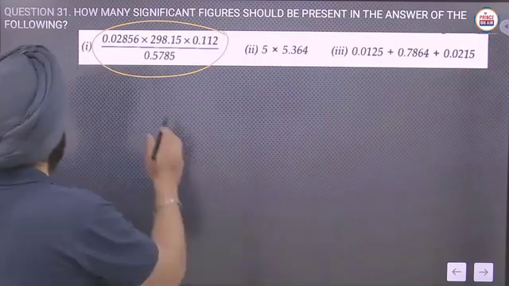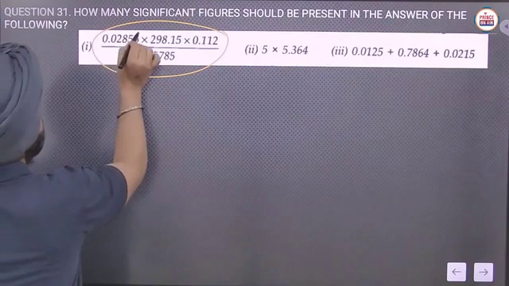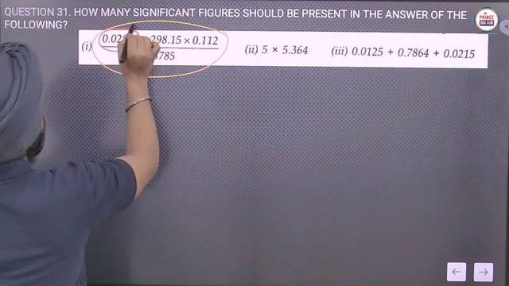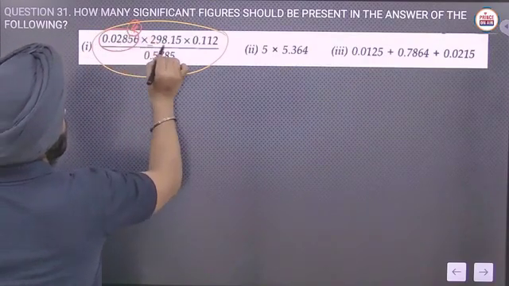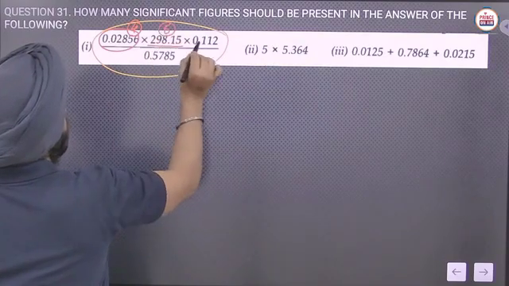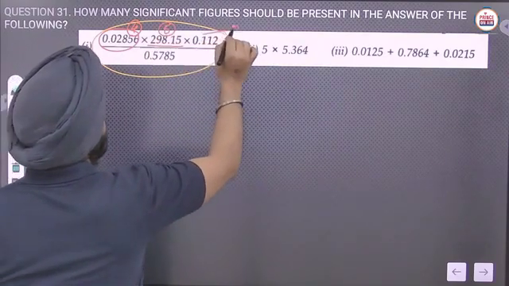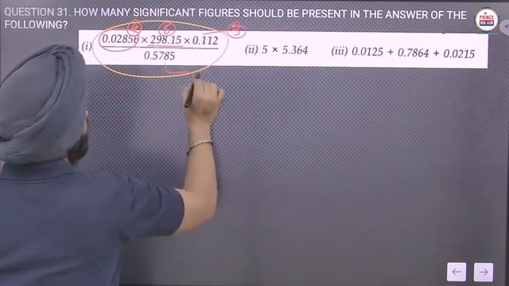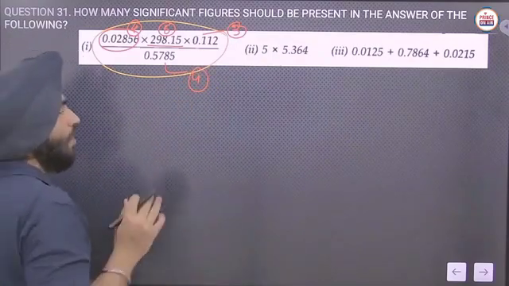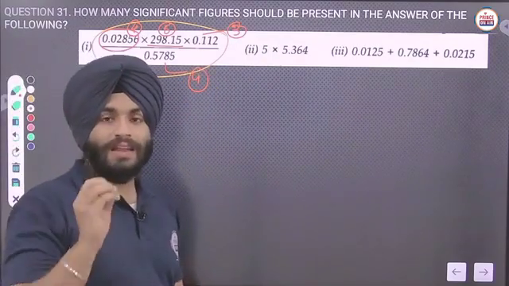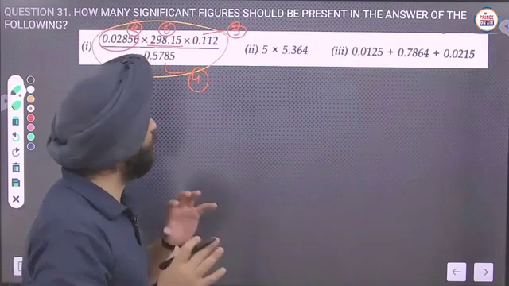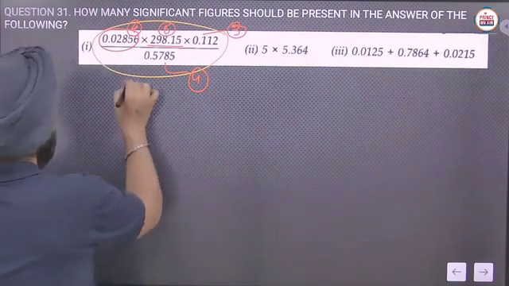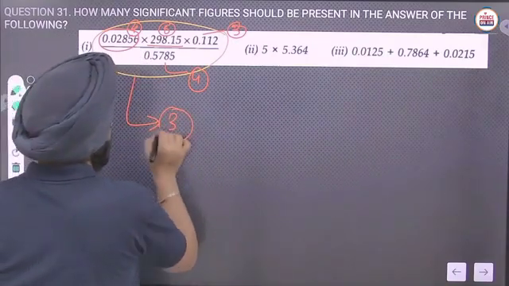The significant figures in this number is 4, in this number it is 5, in this number it is 3, in this number it is 4. So we just have to focus on the minimum significant figure, and that will be the answer. So here it will be 3.